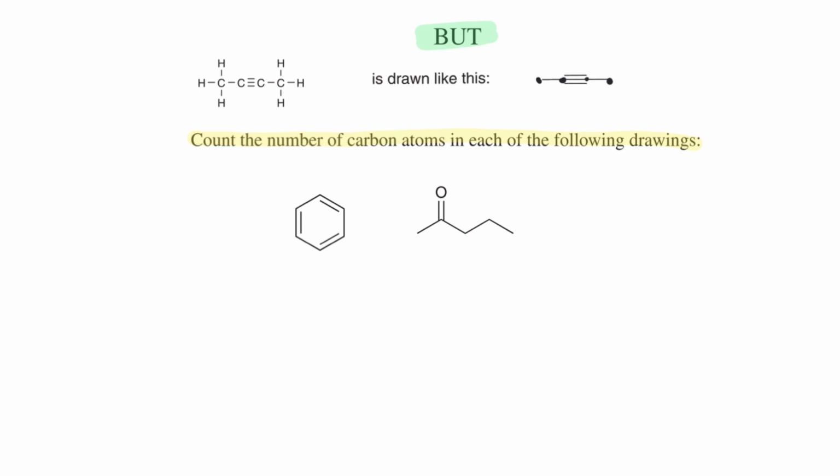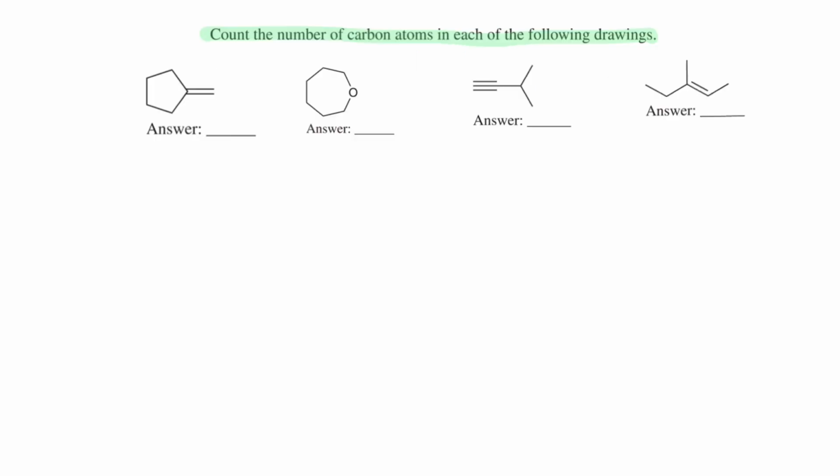Then you have to count the number of carbon atoms. For this benzene compound, I am counting the number of carbon atoms: 1, 2, 3, 4, 5, 6 carbon atoms. For the next compound, 1, 2, 3, 4, 5 carbon atoms. This is the way of counting the number of carbon atoms in bond line notation.